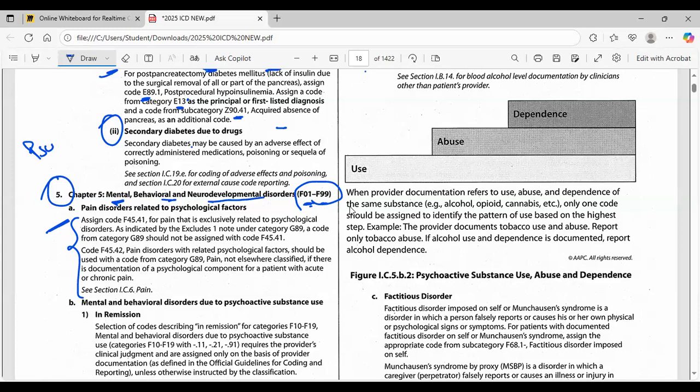So let's start with the guideline first. First guideline we have here, pain disorder related to the psychological factors. So I'm going to pull two codes here. You have to tell me the difference between these two.